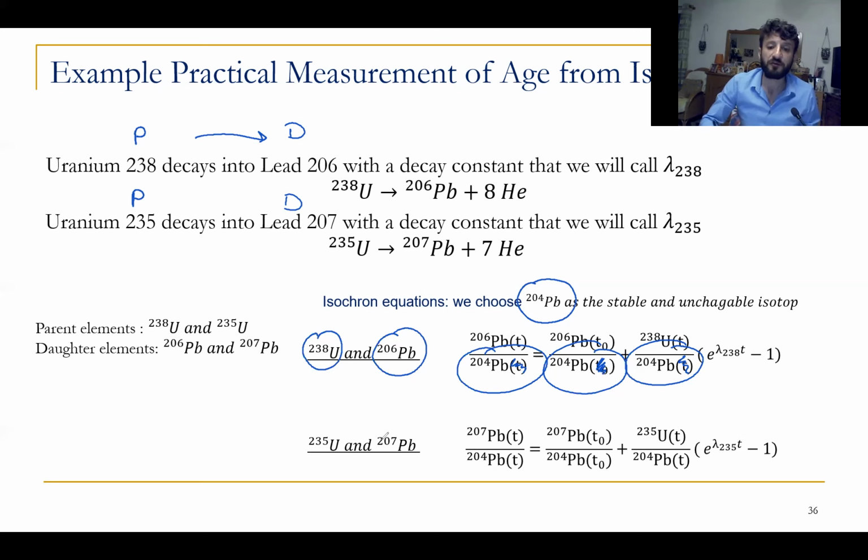Okay? We can follow the same isochrone equation for uranium 235 and Pb 207. We write the isochrone equation and we divide all the equation by Pb 204. So here we have two isochrone equations.